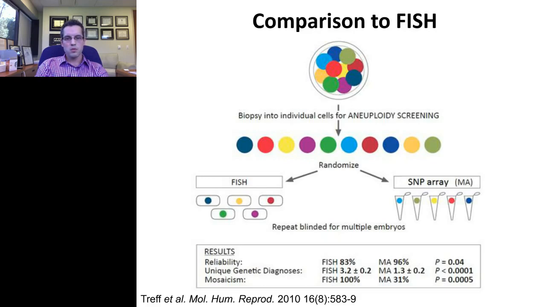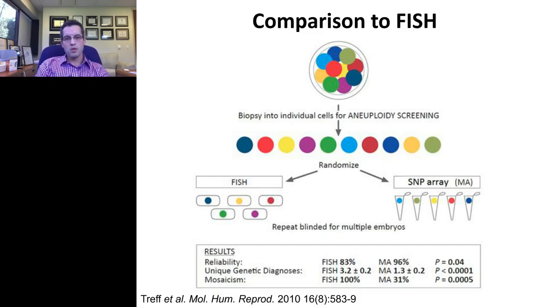Those individual cells were randomized so that approximately half were evaluated by FISH and half were evaluated by SNP array. And I mentioned the issue of mosaicism, but in this design, the level of mosaicism should be randomized and equivalent in both groups.